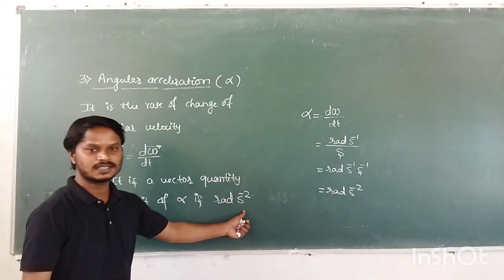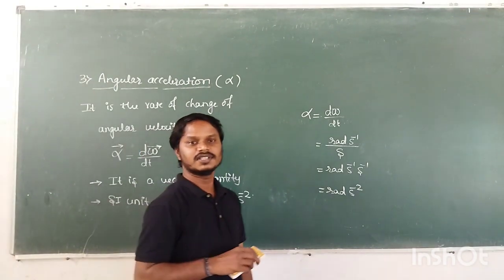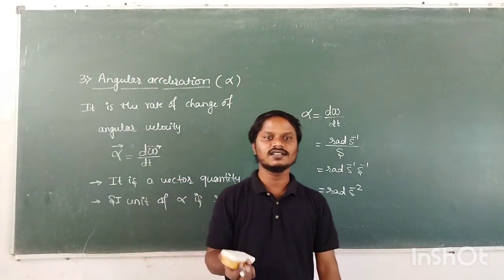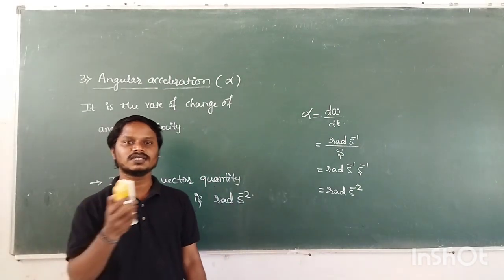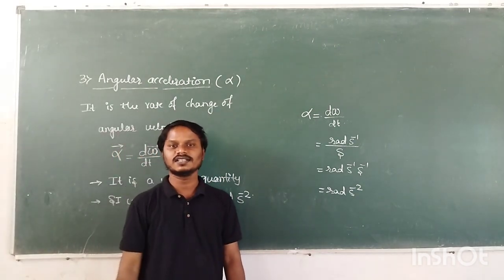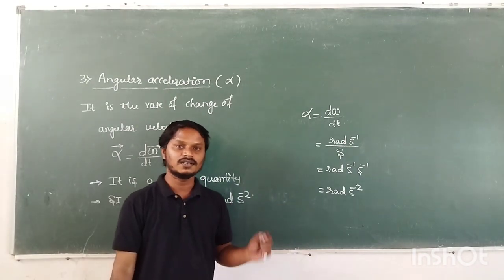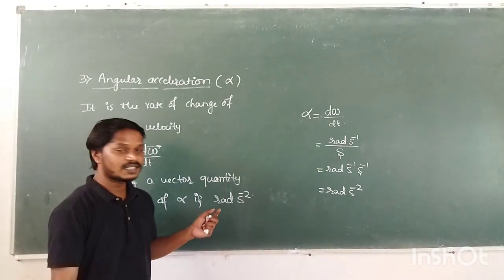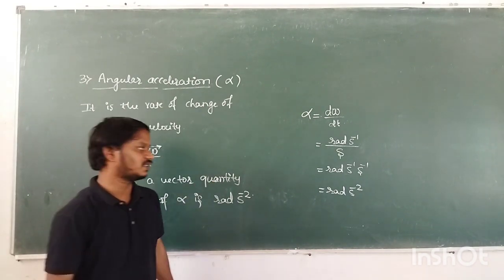Radian per second square. Now what is the relation between angular acceleration and linear acceleration? Already we know the relation between angular velocity and linear velocity, that is v is equal to omega into r. Now we are going to derive the relation between angular acceleration and linear acceleration.